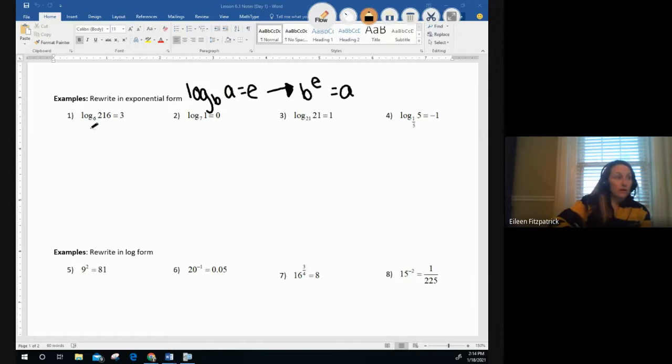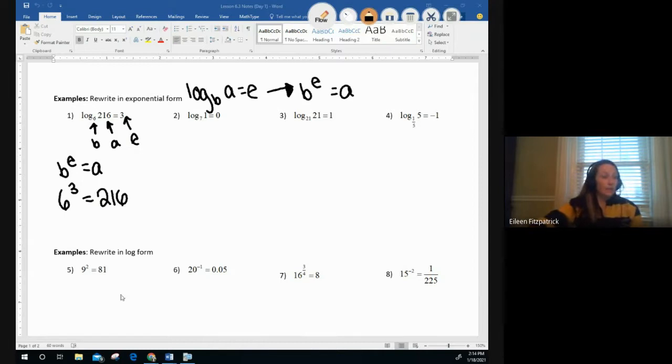What I often have students do is point. That's the bacon and eggs. And if I want to be in base raised to an exponent equals an answer, I'm going to write it as 6 raised to the third equals 216.